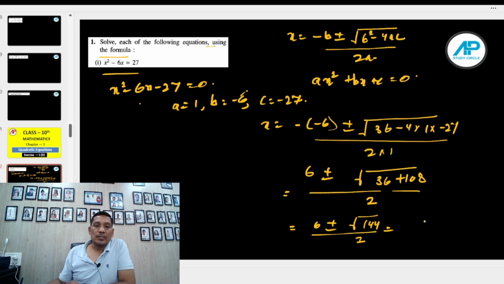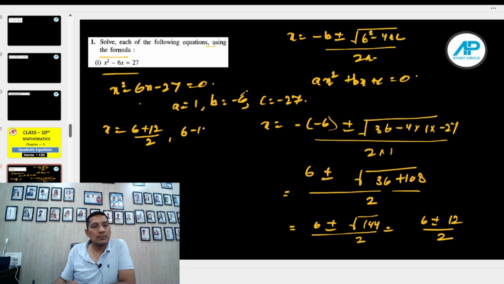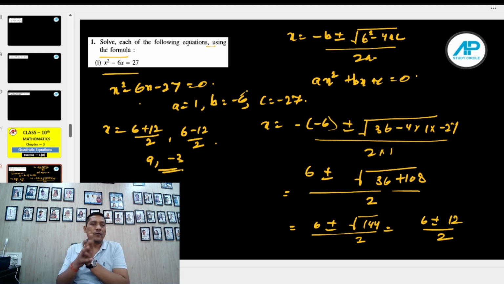I hope I'm clear to you. This is giving us 6 plus minus 12 upon 2. So I'm taking two roots of the equation. So x will be equal to 6 plus 12 by 2 and 6 minus 12. 18 by 2 is 9 and minus 6 by 2 is minus 3. I got two values of x as 9 and minus 3.